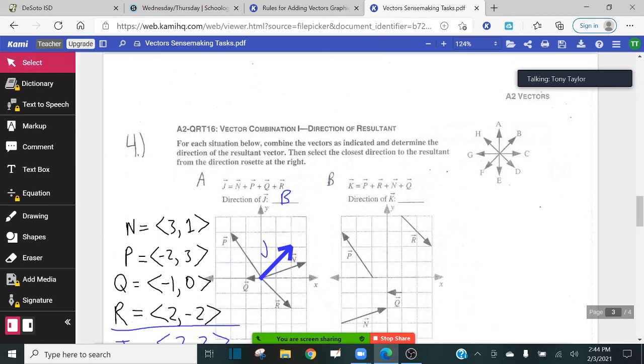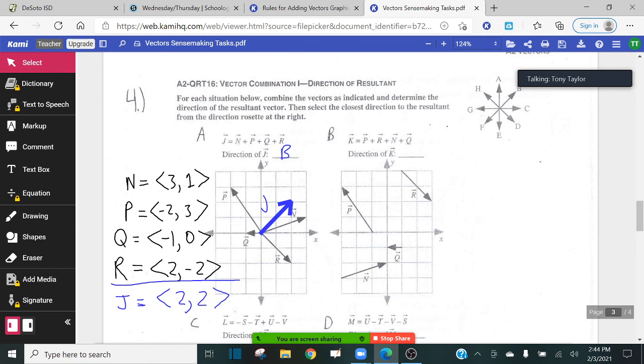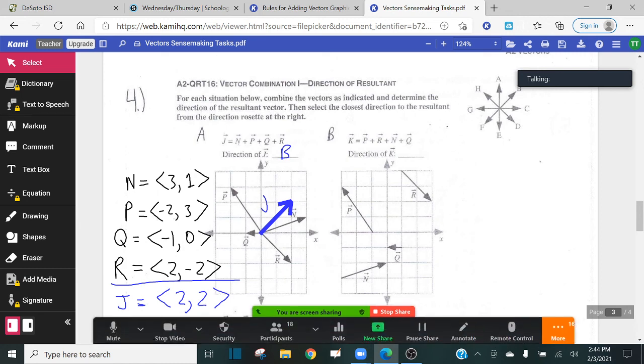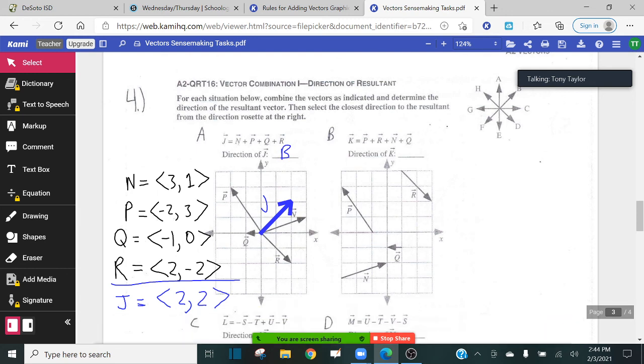Any questions? Awesome, awesome. Yeah, vectors are pretty easy. But even though vectors are easy, they're really, really useful.